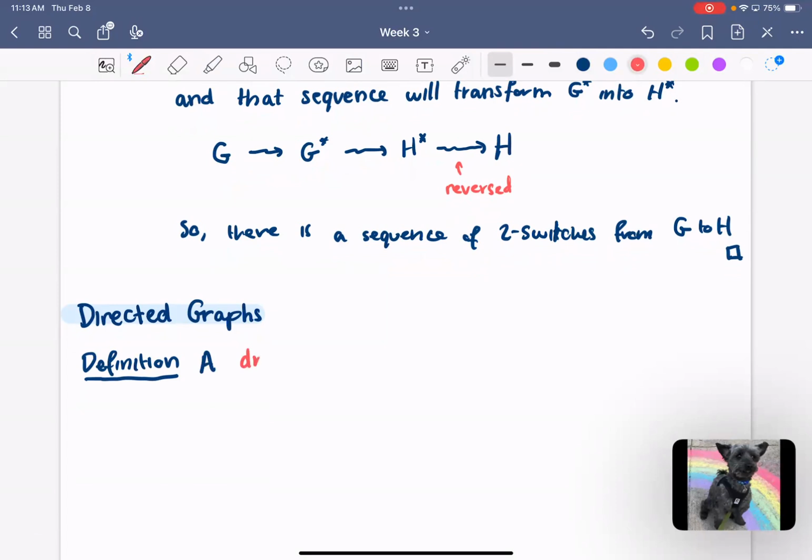A directed graph, and this is going to be similar to our original definition of graphs.